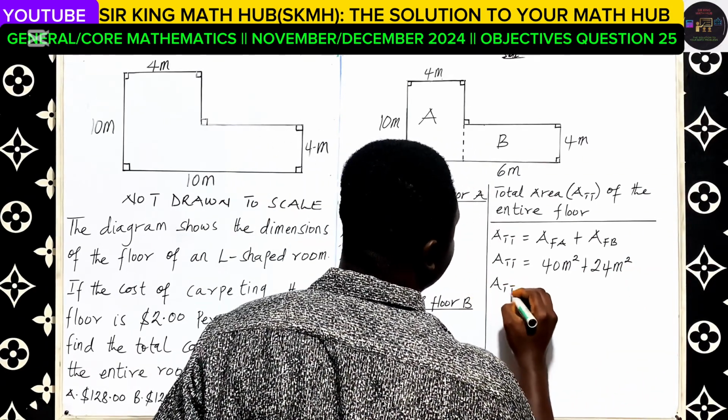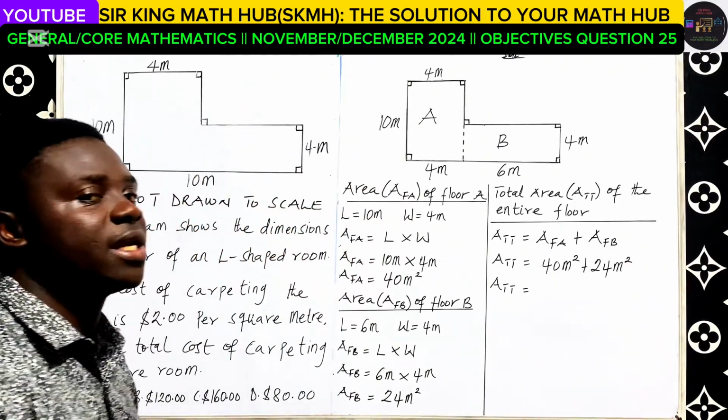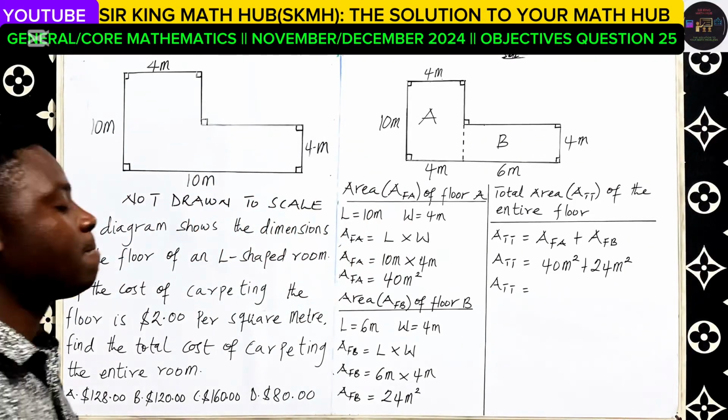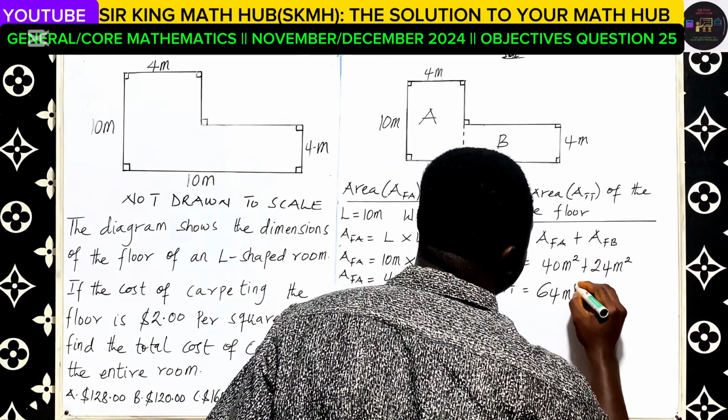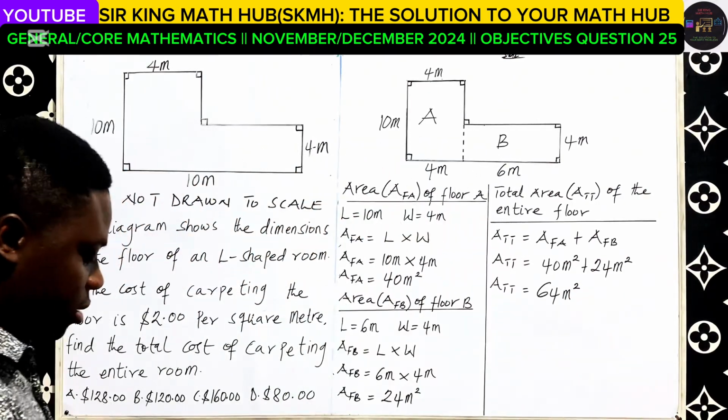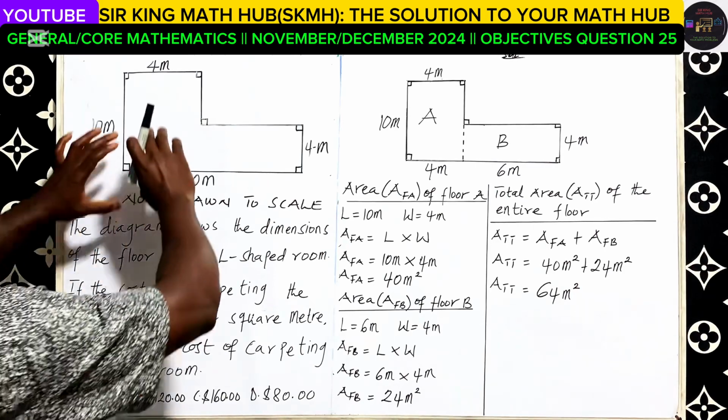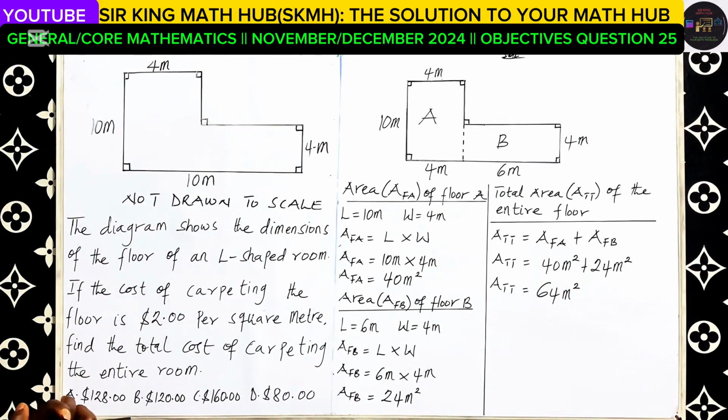We can evaluate this: 40 meters squared plus 24 meters squared gives 64 meters squared. So that is the area of the entire floor, 64 meters squared.